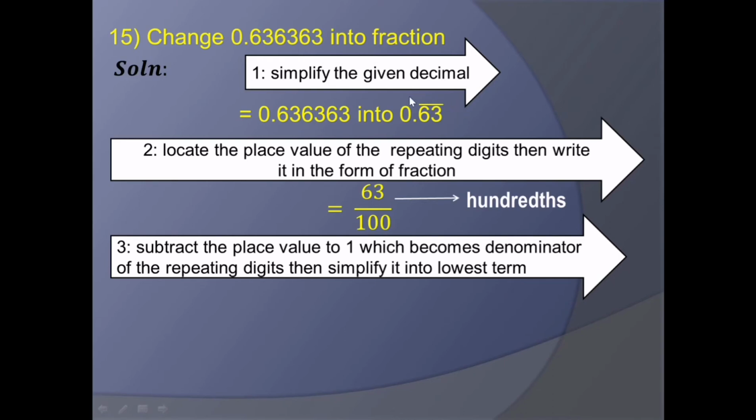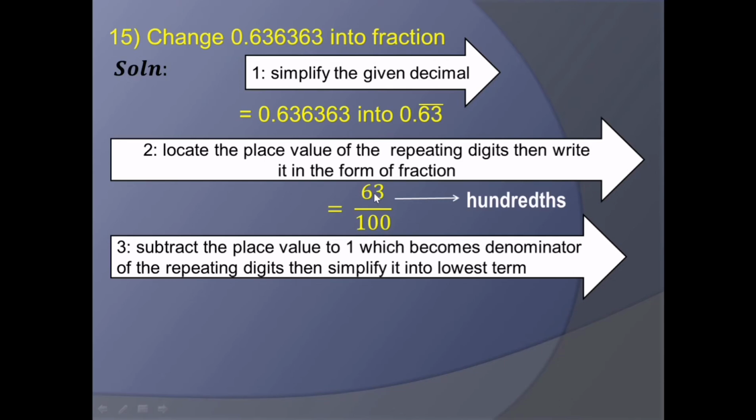If we observe the decimal, it is a pure repeating decimal, since 0.6363 and so on has no whole number and there is also no non-repeating number here. So therefore, it is a pure repeating decimal. In short, we're going to use method 1 to solve this problem.